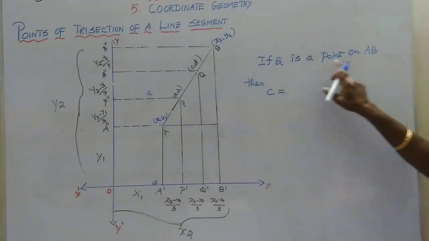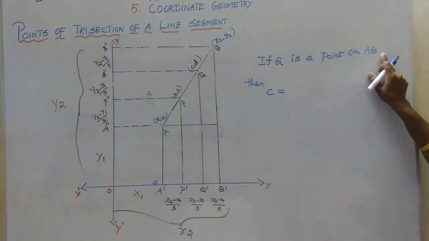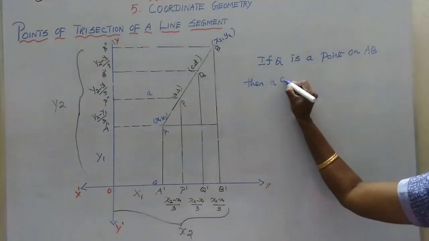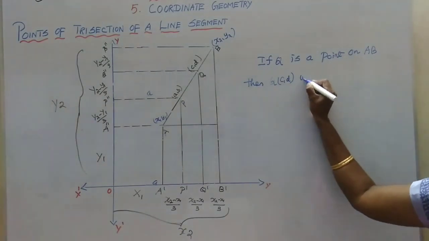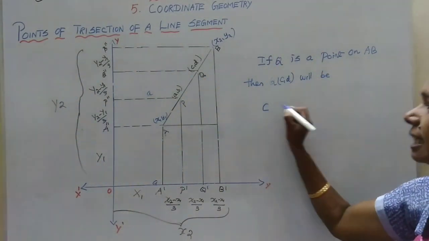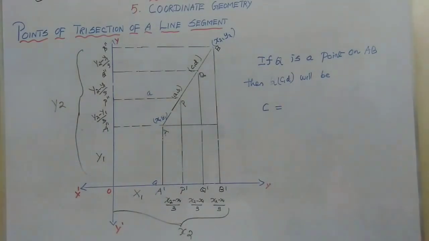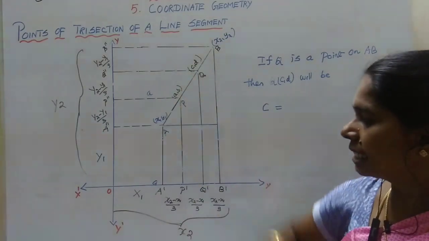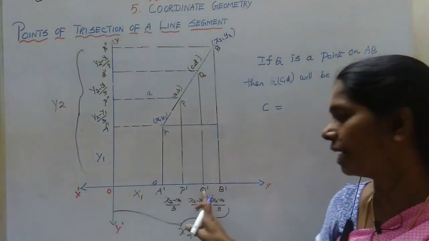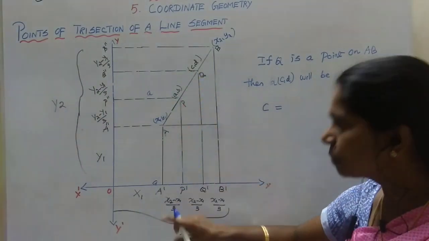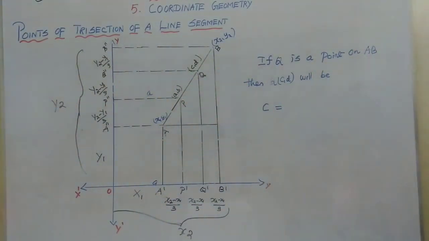Understand? First I am going to take this C. What is the meaning? That is the distance from O to Q dash, taken as a small c. Distance only we are taking as the coordinate points.